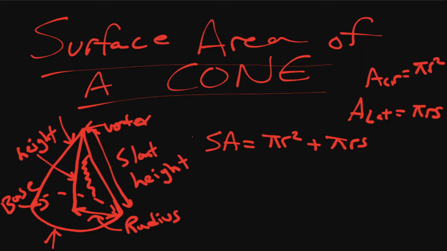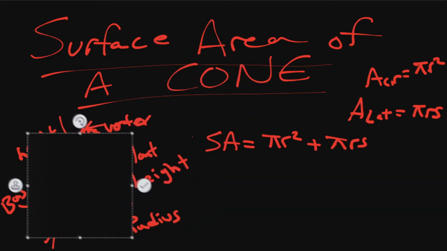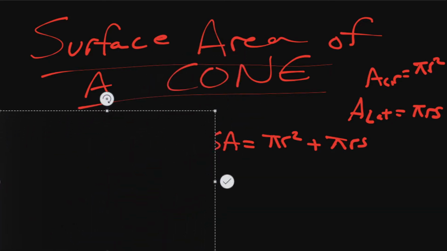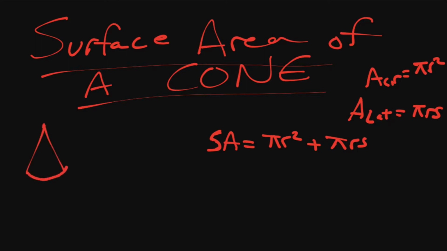So let's try to do an example. Let's say we had a height of 8 and a radius of 3, and I didn't know what the slant height was, and I wanted to find the surface area.